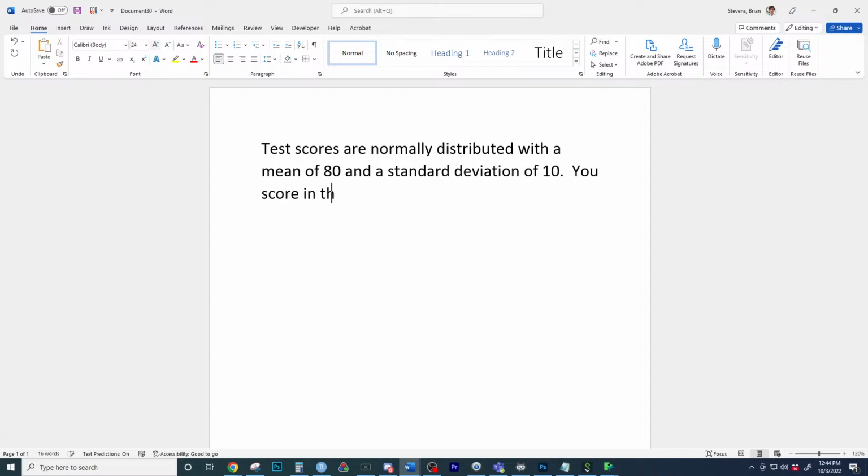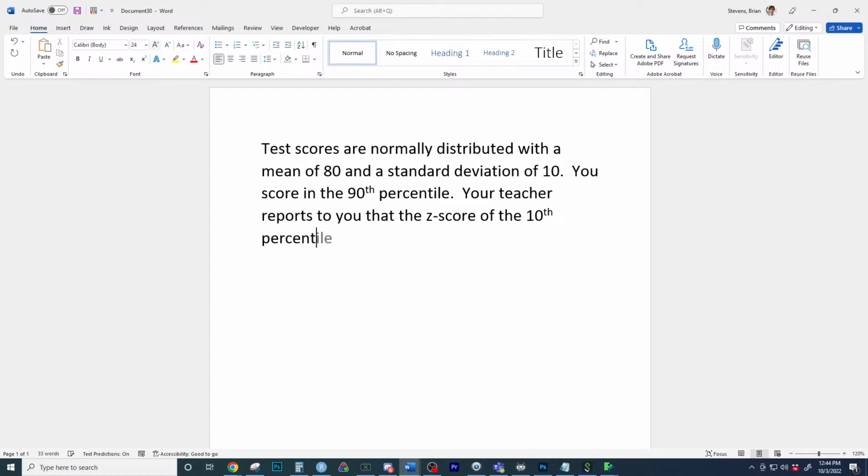You score in the 90th percentile. Your teacher reports to you that the z-score of the 10th percentile is negative 1.282. What is your score on the test?